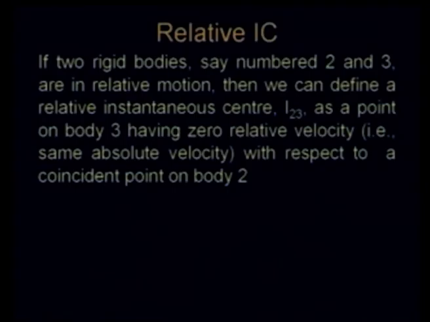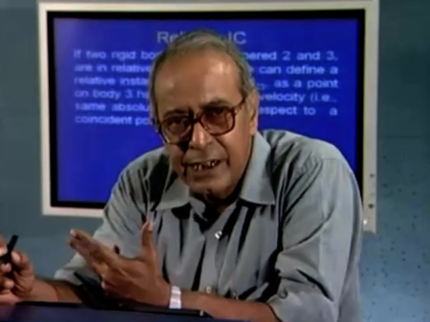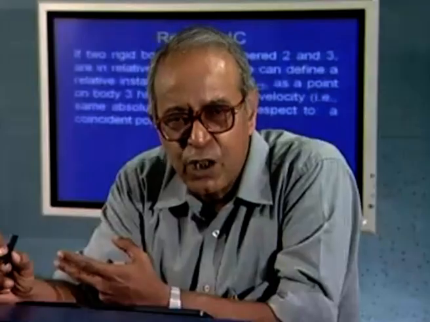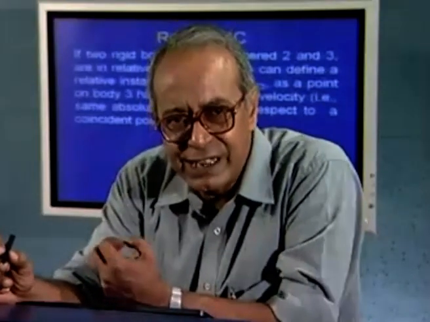Let me repeat, we are talking of two moving rigid bodies, say number 2 and 3. We define a relative instantaneous center between these two bodies 2 and 3. I call it I23. What is I23? Now, this is a point on body 3 having 0 relative velocity with respect to a coincident point on body 2.